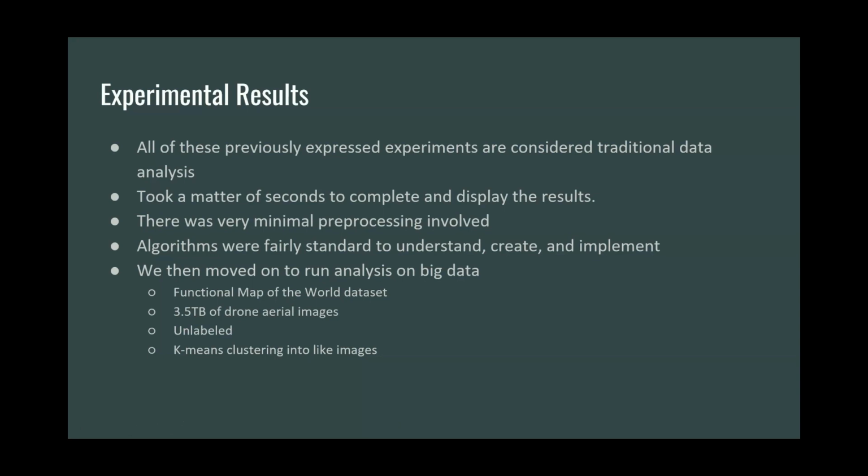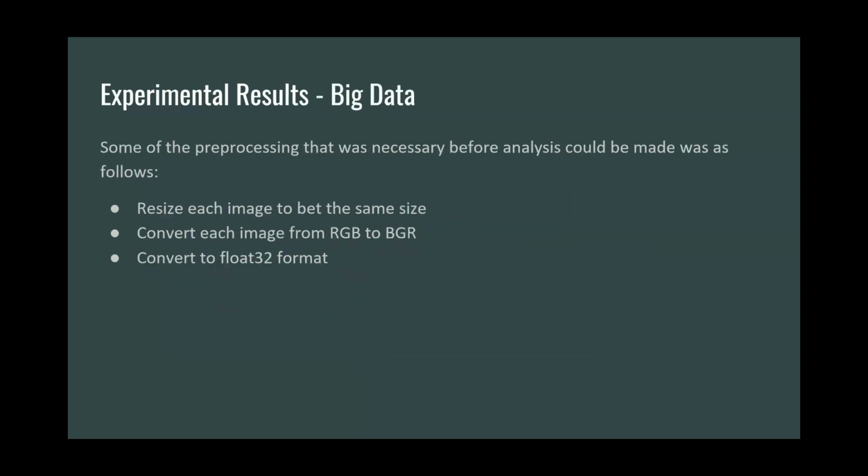These are unlabeled. So if it is unlabeled, we cannot do prediction, but we can do clustering. We can see how similar some images are to others. We did some pre-processing prior to clustering the big data.